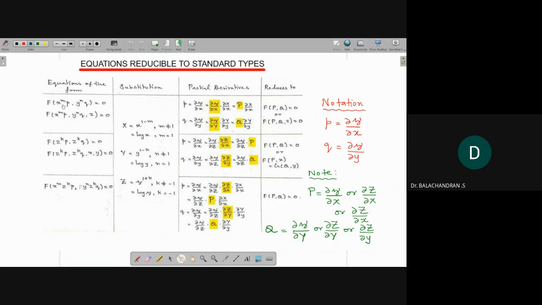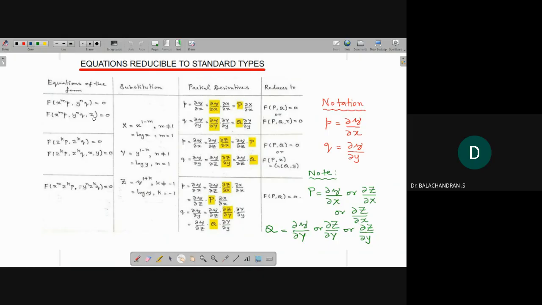So here p is always combined with x. p and x are together. Similarly, q and y are together. Similarly, here what do you have extra? Z is extra here.